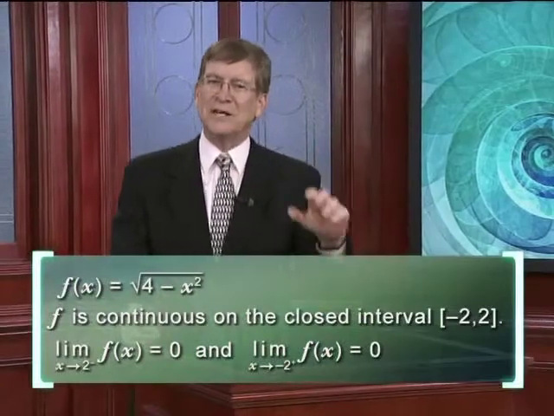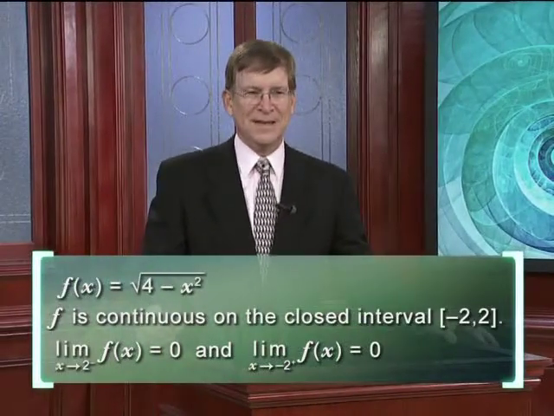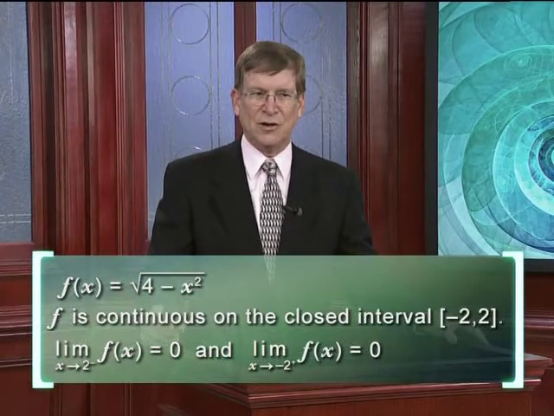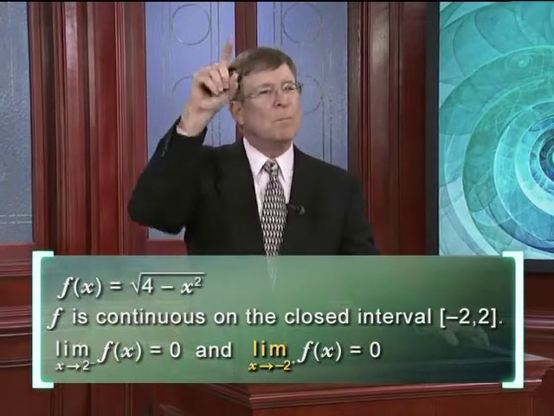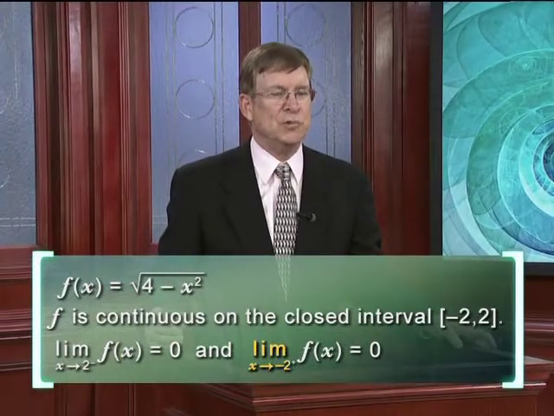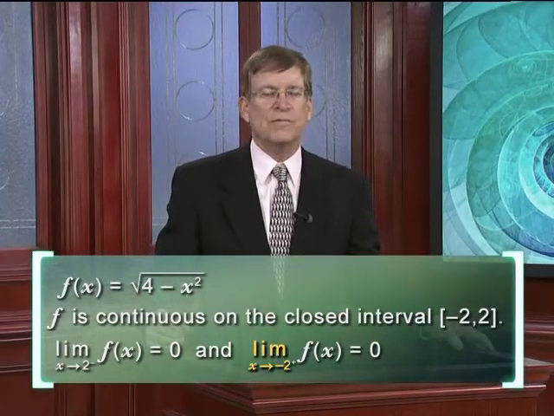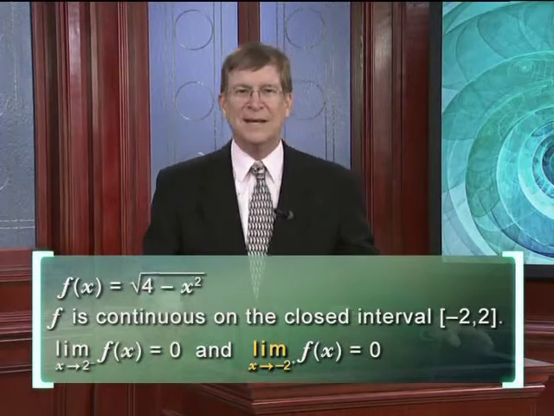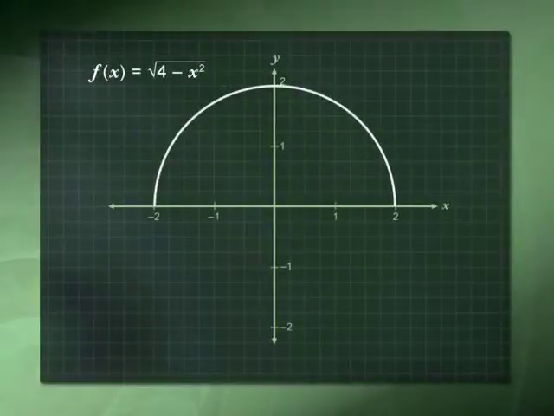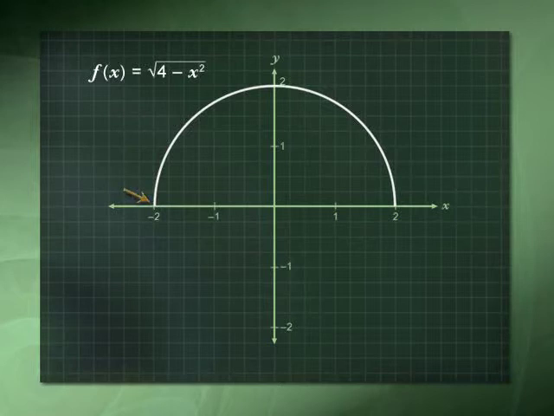Notice this fairly confusing notation. I'll look at the second term, limit as x approaches minus 2, and then there's a little plus sign above the 2. That means you approach from values greater than minus 2. Graphically speaking, you approach minus 2 from values like minus 1, minus 1.5, getting closer and closer to minus 2, but only from the right.